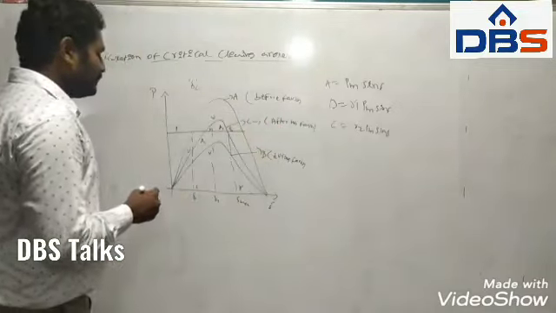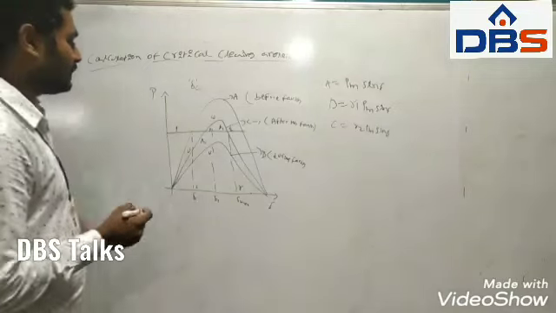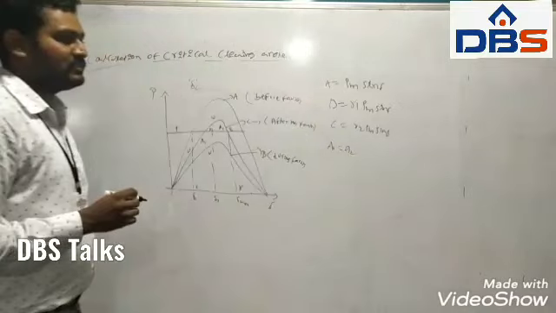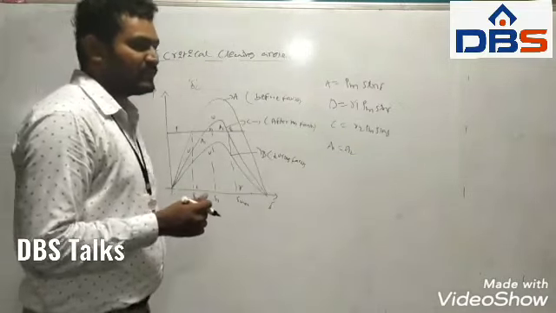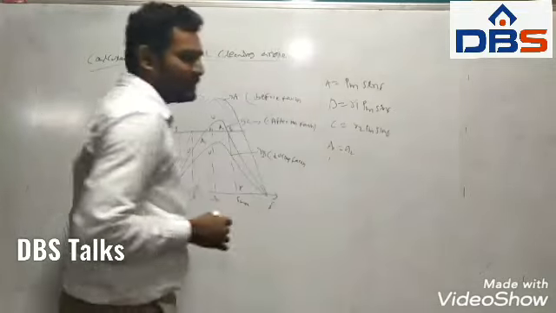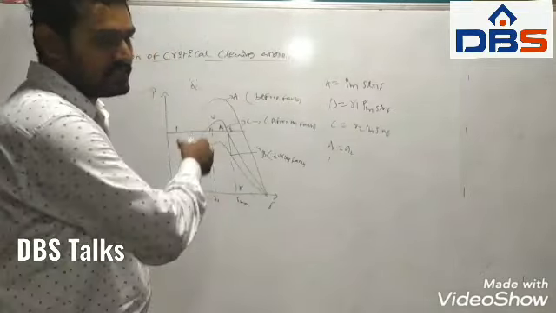So as we know, the area A1 is equal to area A2. A1 equal to A2 refers to the transition stability by using the equal area criterion, as we discussed in the earlier session.